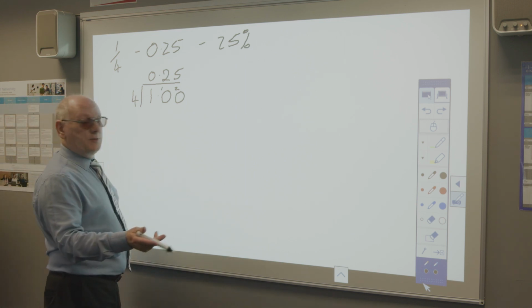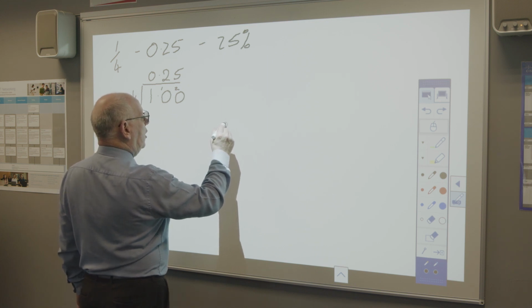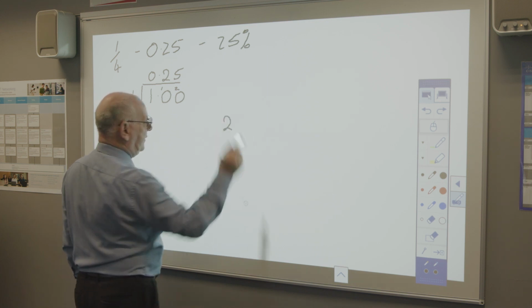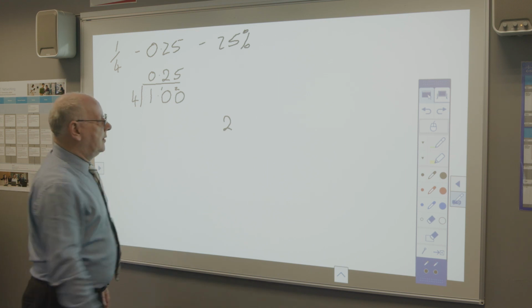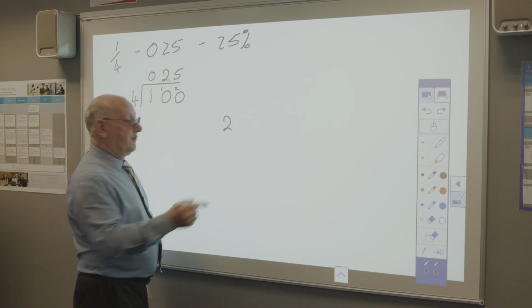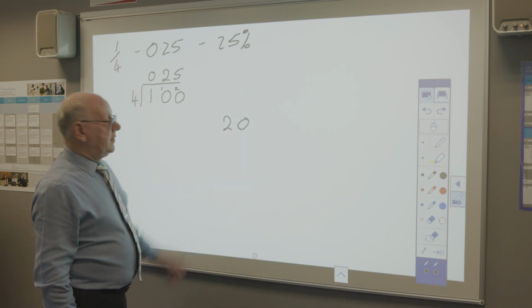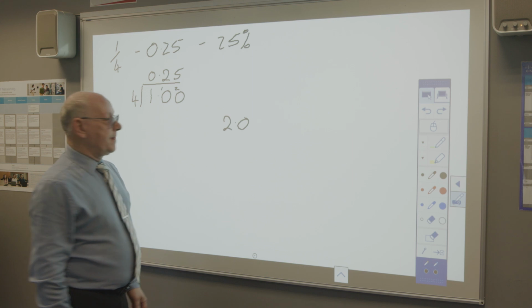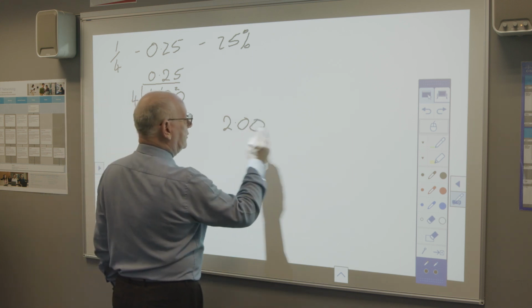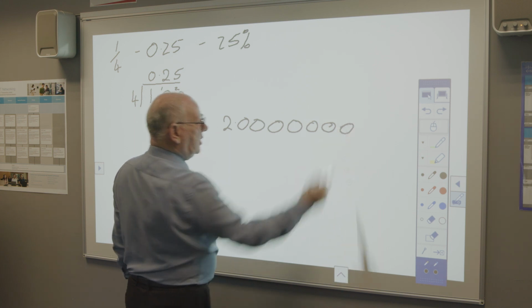A lot of people ask me that. So if you imagine a whole number, there we go, 2, a whole number. With every whole number, it can be followed by 0.0. It's still 2. But there's as many zeros there as you want to put.